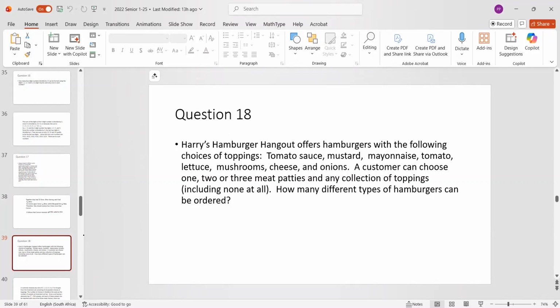Harry's hamburger hangout offers hamburgers the following choices of toppings. Now, basically, there are a whole lot of these toppings. A customer can choose 1, 2, or 3 patties, hamburger patties. So you got a choice of 3 for hamburgers.